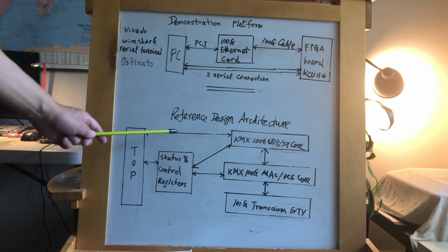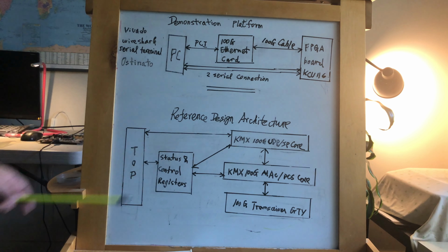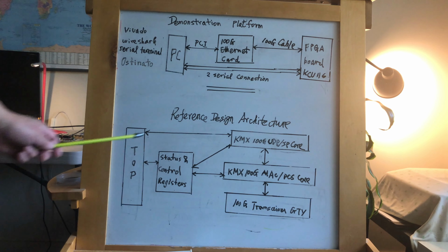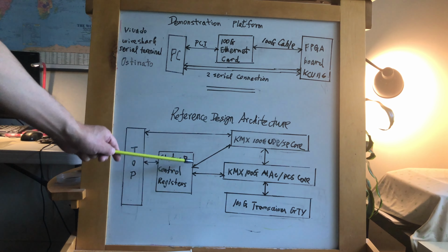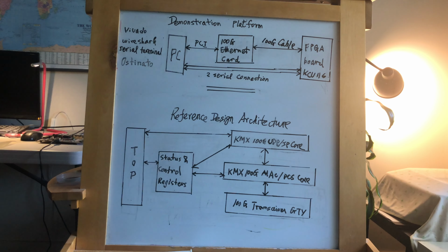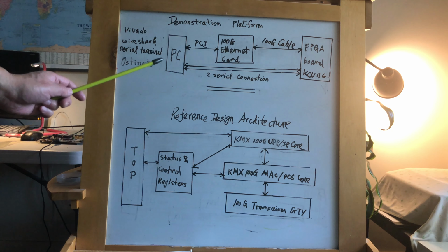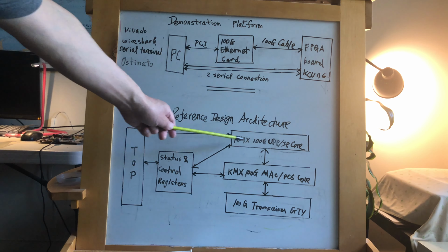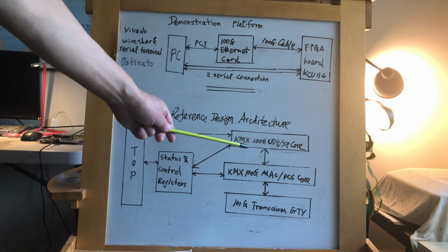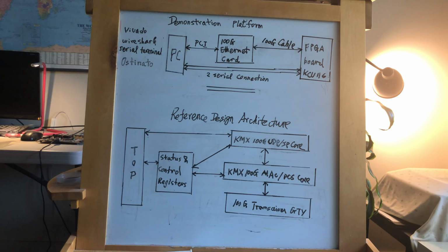The next module is the status control register module. Through a set of control registers, this module has two connections with the IP cores. They are both AXI4-Lite buses. They control, configure, and monitor these two IP cores. From the KMX 100G UDP IP core to the 100G MAC PCS core, the connection is an AXI4-Stream bus.